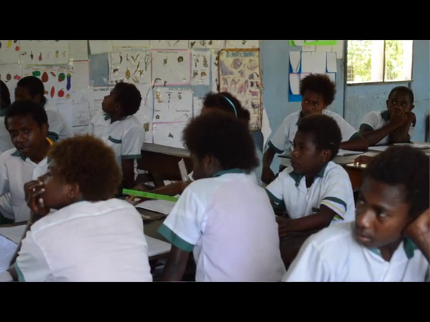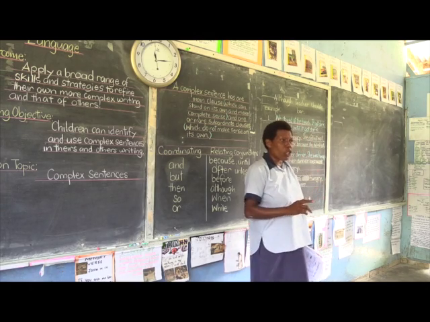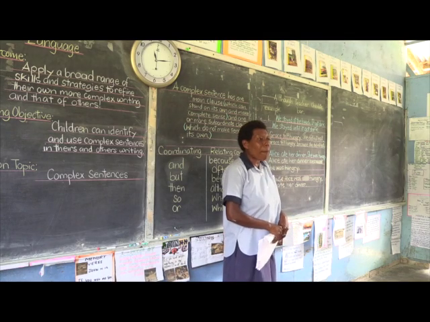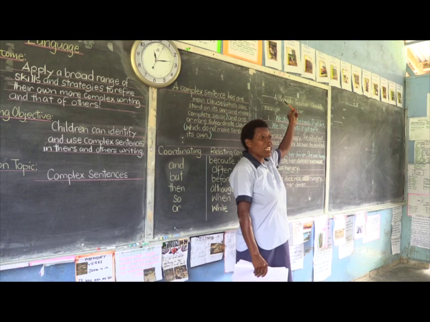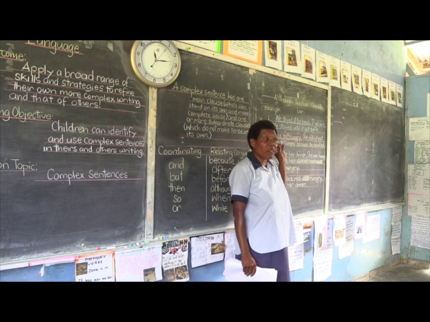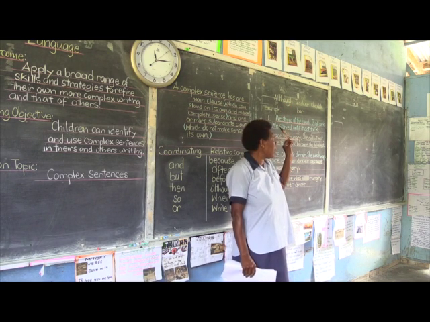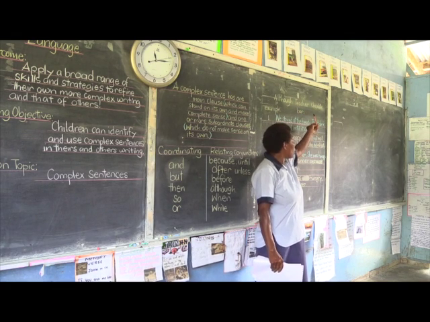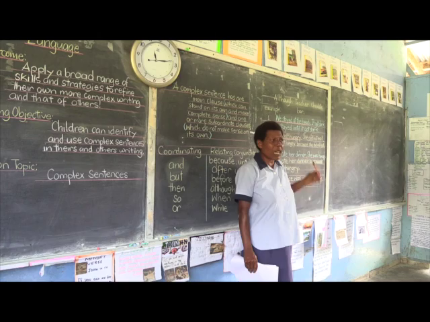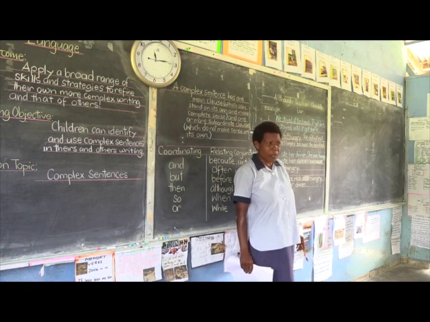I'd like you, if you can work with your friend, to make up a sentence beginning with the relating conjunction, using teacher and chocolate bar. If you can come up with a sentence.